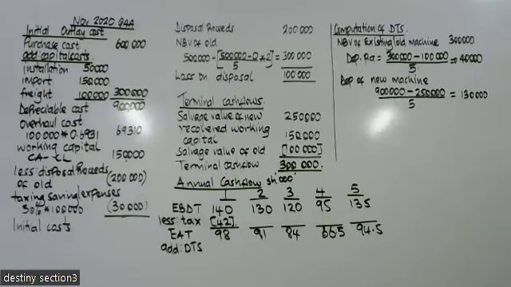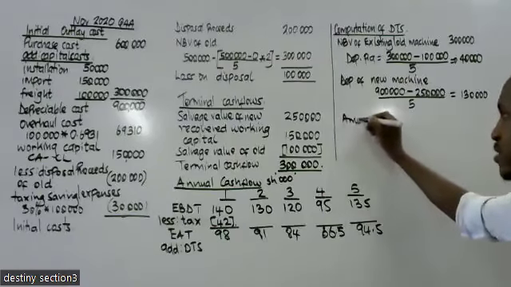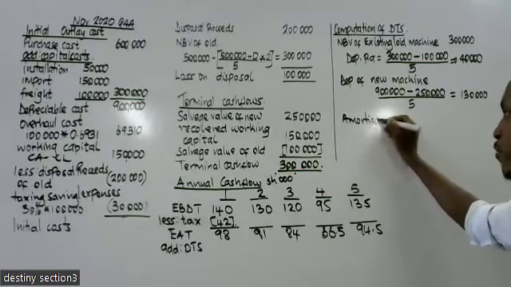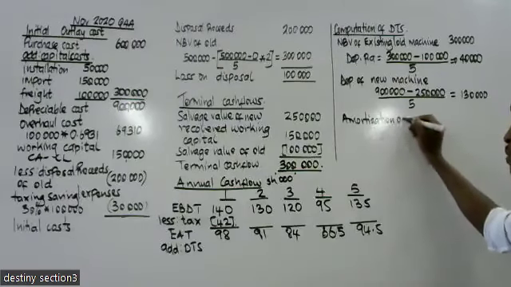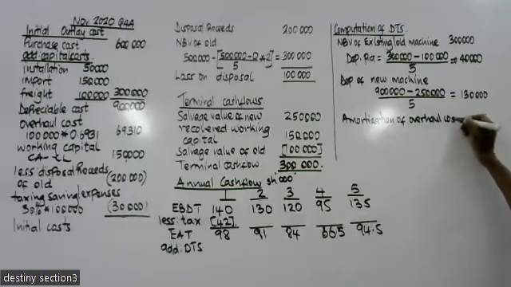Then there was also another issue in that question. The other issue is amortization of overhaul costs. When there is an overhaul cost, you normally depreciate it from the year when it was incurred up to the end of the useful life of that asset.